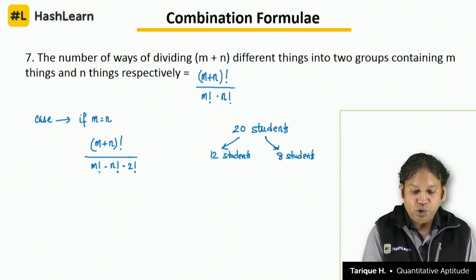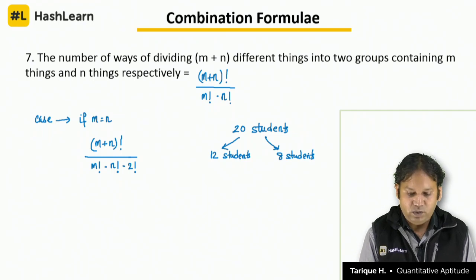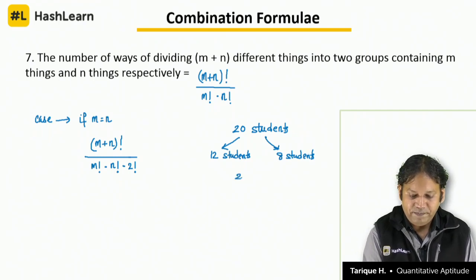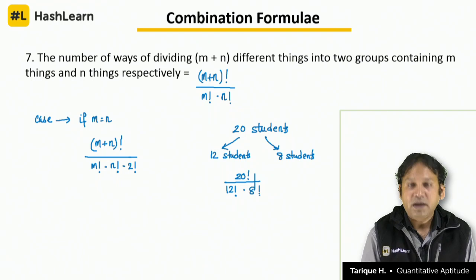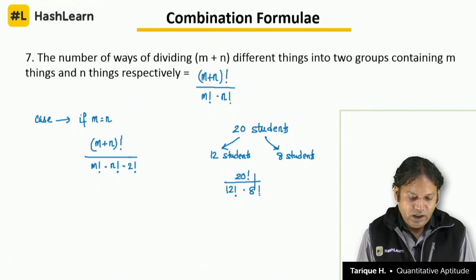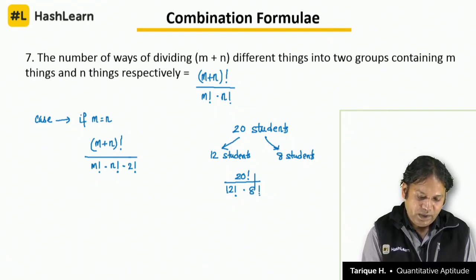We are dividing them into two groups, 12 and 8, and 12 is not equal to 8, so we can directly say the answer will be 20 factorial divided by 12 factorial into 8 factorial. That will be the answer for this question. However, suppose we had, let us say we have a pack of cards, and a pack of cards contains 52 cards.